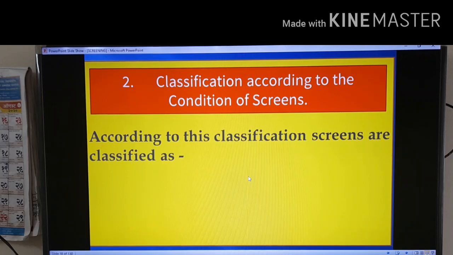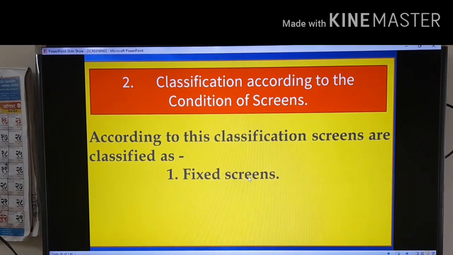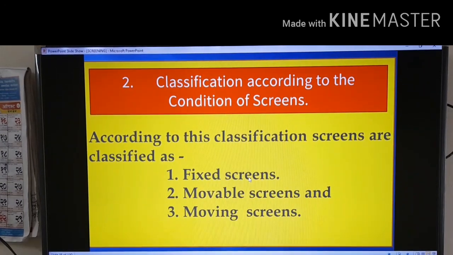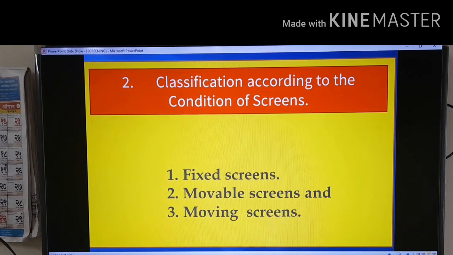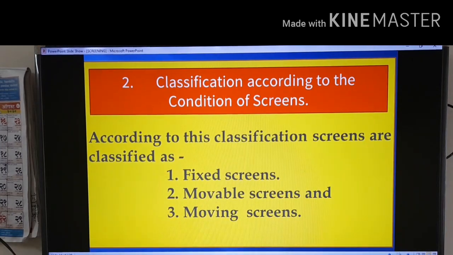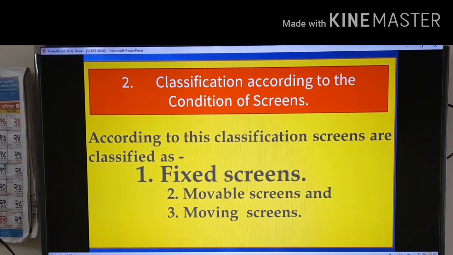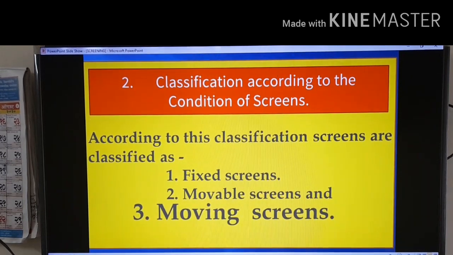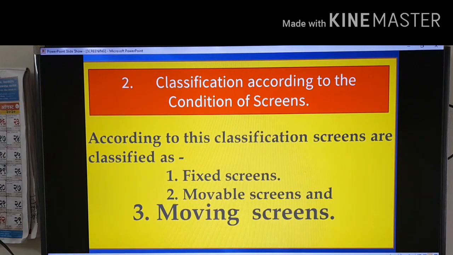According to this classification, screens are classified as first, fixed screens, second, movable screens, and third, moving screens. Please keep in your mind.